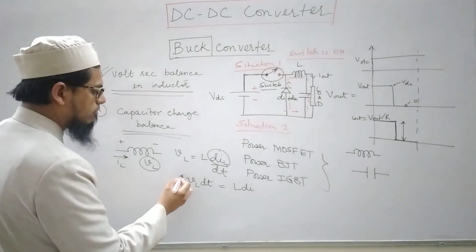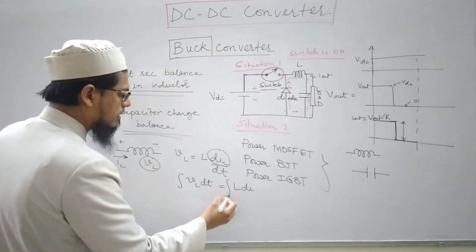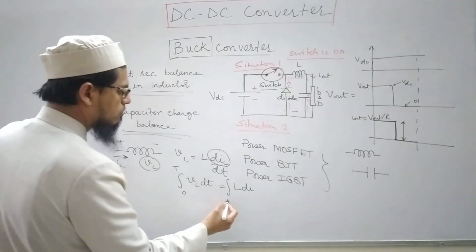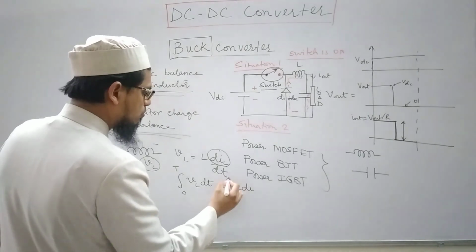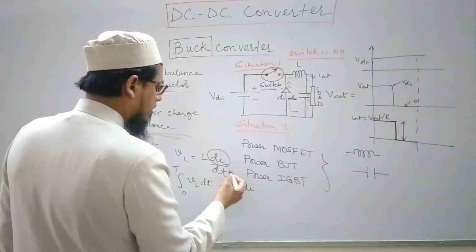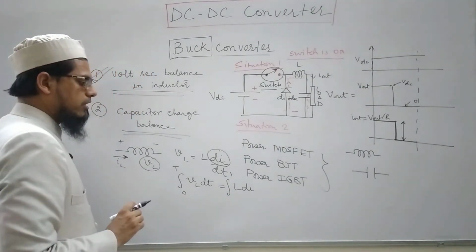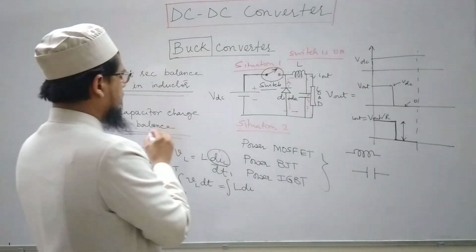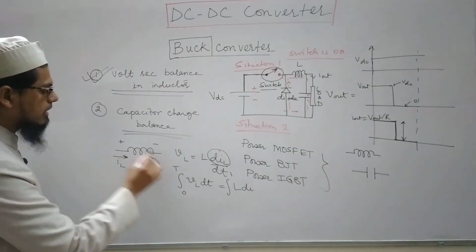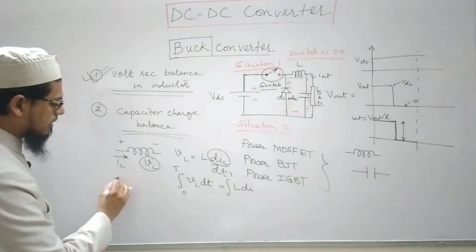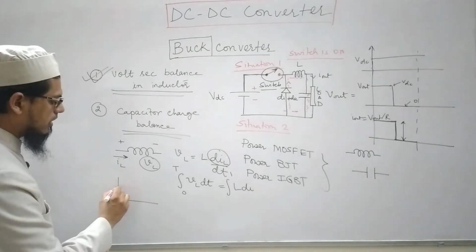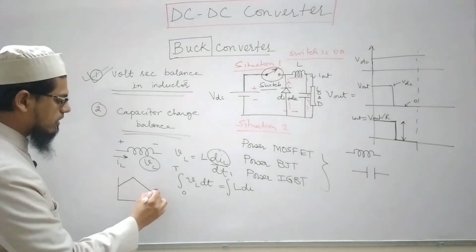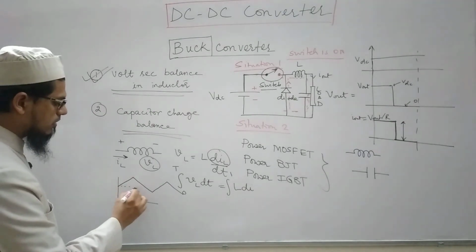Okay, so if I integrate it for one complete cycle, 0 to T, when the current is flowing through the inductor under steady state and continuous conduction, the waveform of the current would be something like this.